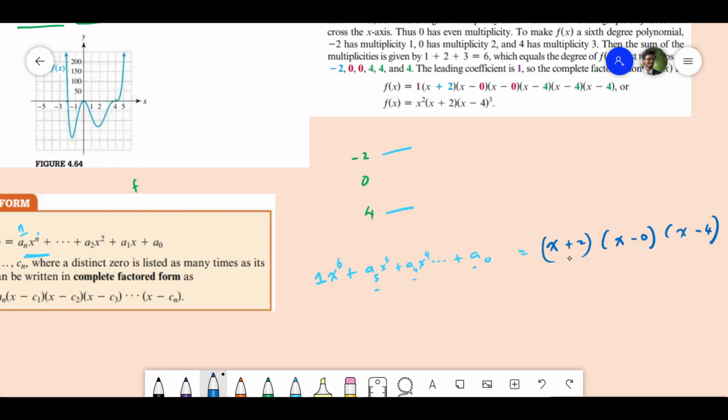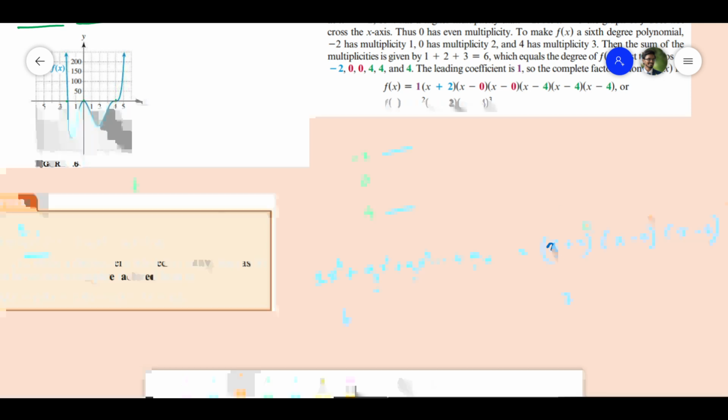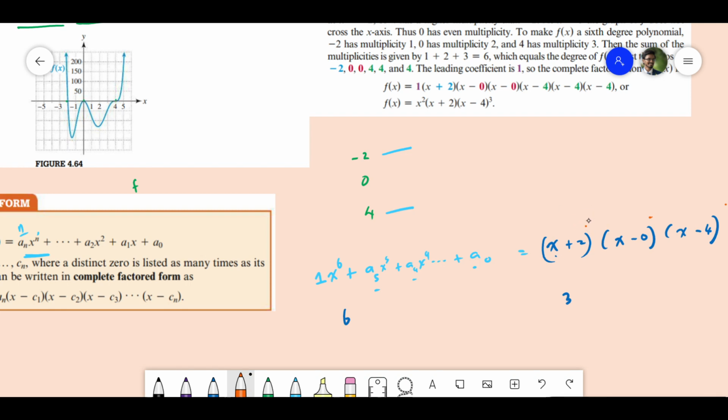But if you just multiply these together, then the highest power on the right hand side will be equal to 3, right? But here it is 6. So we should definitely have some powers for these factors, right? Or in other words, there should definitely be some sort of a multiplicity, okay?